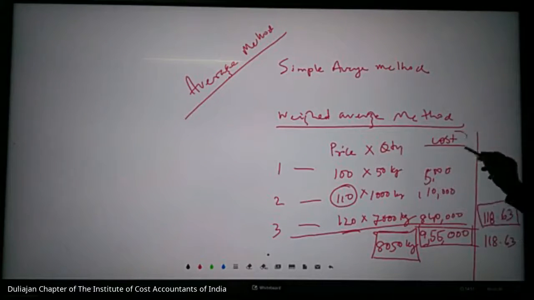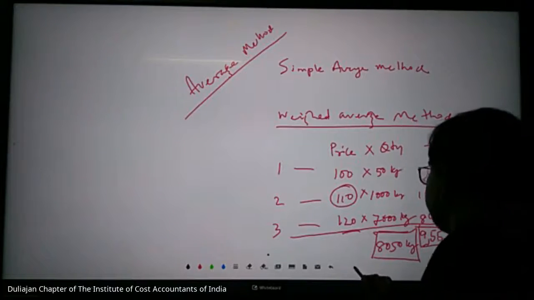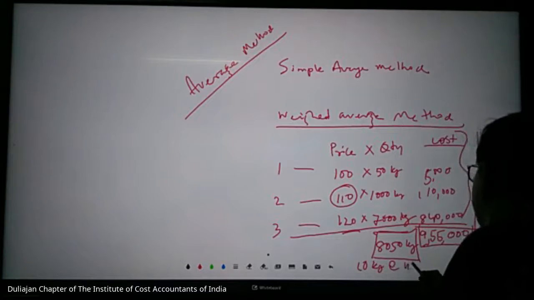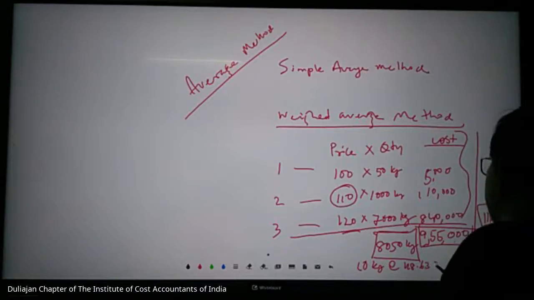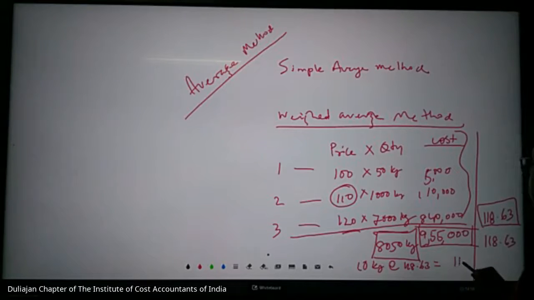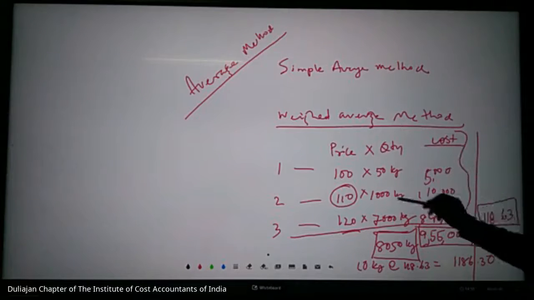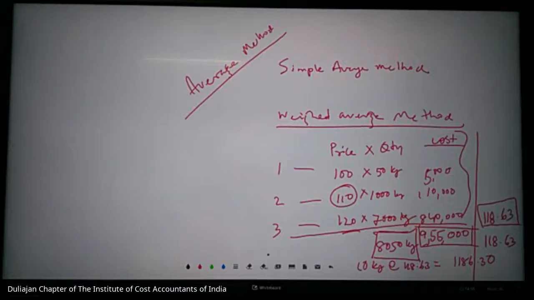Any issue, like even 10 kg if I issue at the rate of 118.63, I will be issuing at 1186.30. So this helps me in giving a realistic price considering the weighted average of all the past purchases.